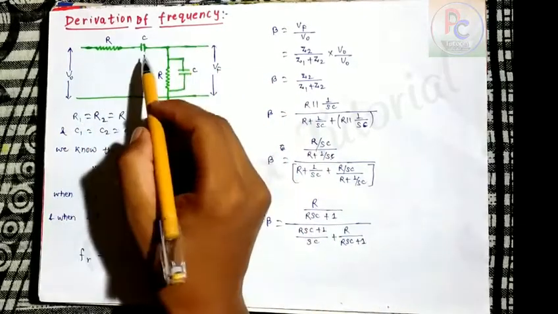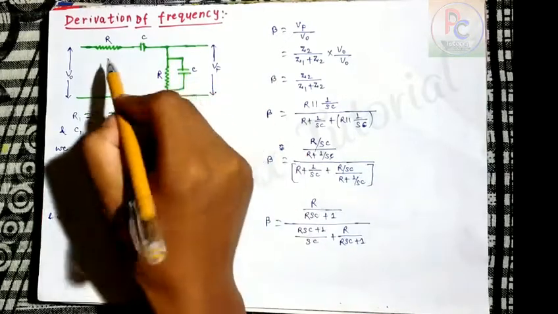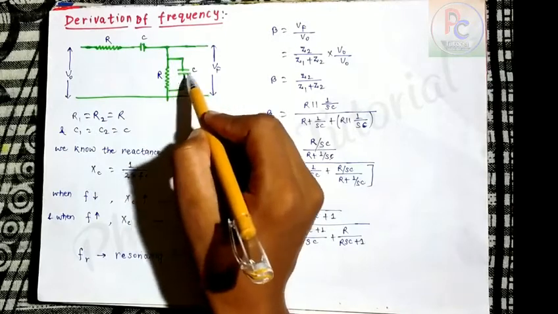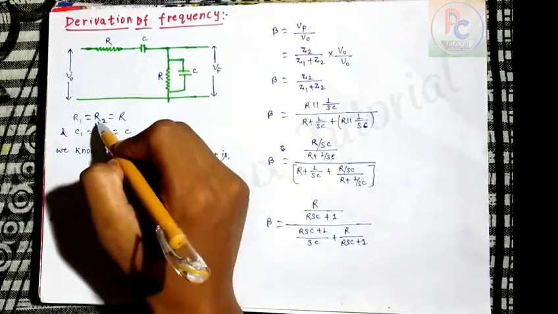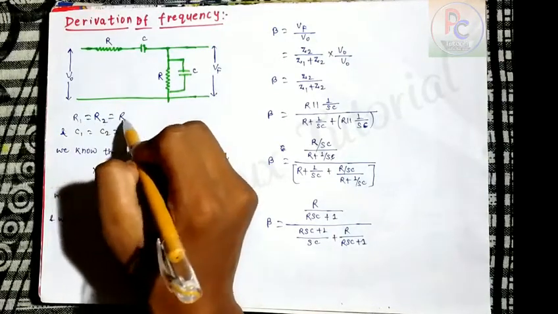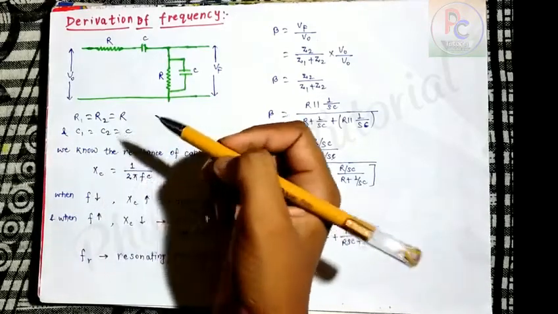Here we take the feedback part of the RC networks. Here this is the series combination and this is the parallel combination. Here we take the resistances R1 and R2 equal to R, and C1 equal to C2 equal to C.